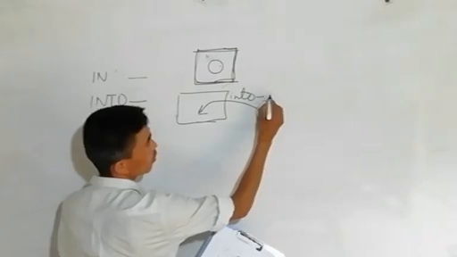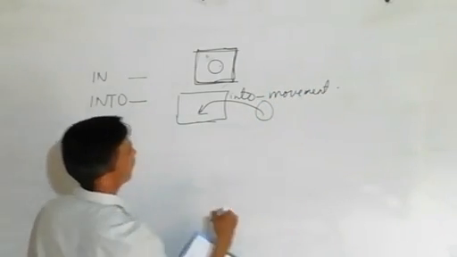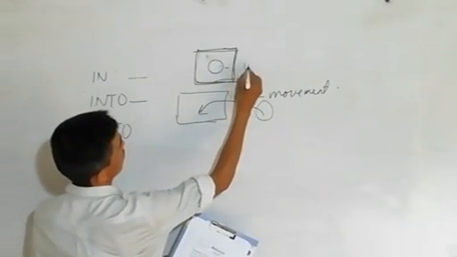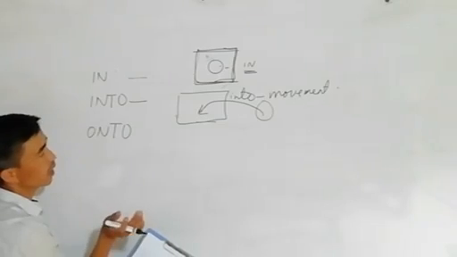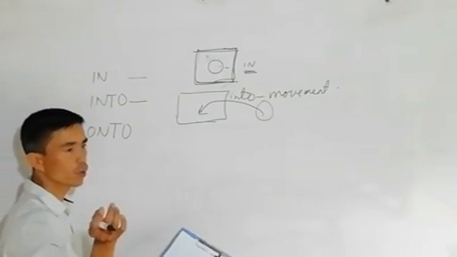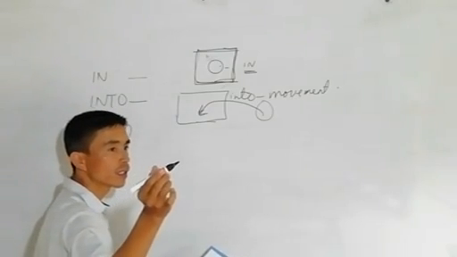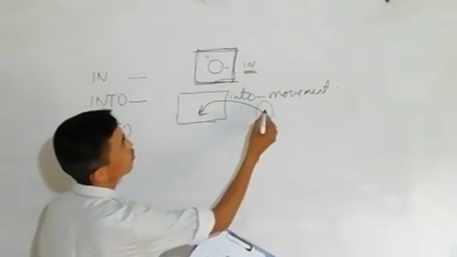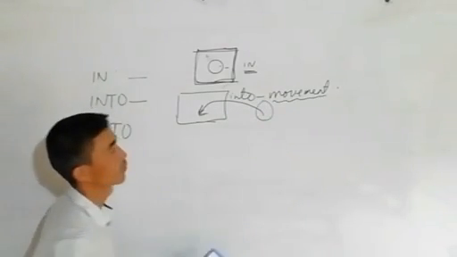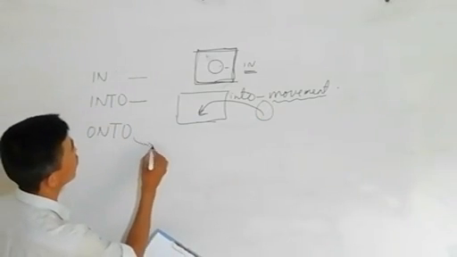So into talks about movement, whereas in does not talk about movement. There is no movement here. But when I say into, I throw the ball into the box, he jumped into the river, into talks about movement of something. Don't forget, it's very important. Likewise, onto.